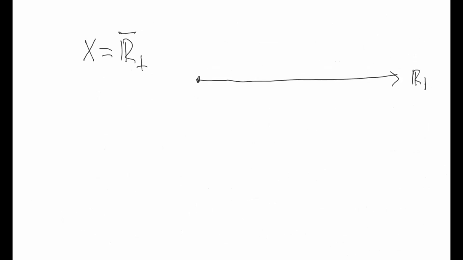So consider the manifold X, which is just R plus. This is a manifold with boundary, the closed positive half line R plus, and here we have some coordinate x.